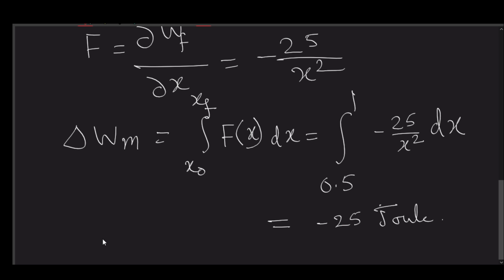So why is it minus 25 joule? Like, the mechanical work done if x changes from 0.5 to 1. First of all, you must understand that x is the displacement between two mutually coupled coils.